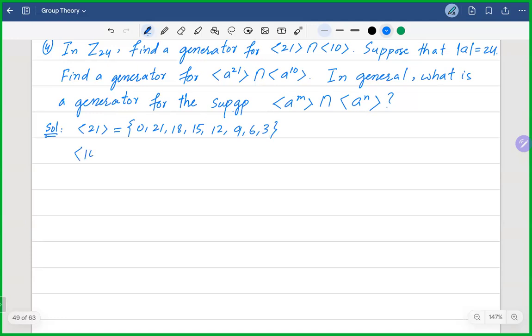And the set generated by 10 is 0, 10, 20, 6, 16, 2, 12, 22, 8, 18, 4, 14.